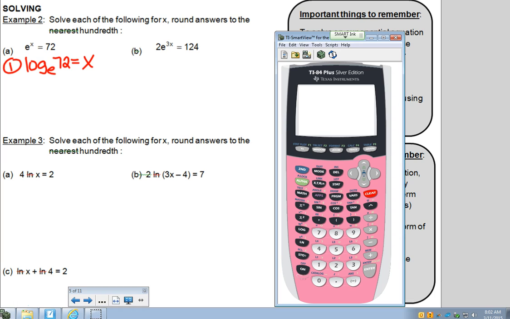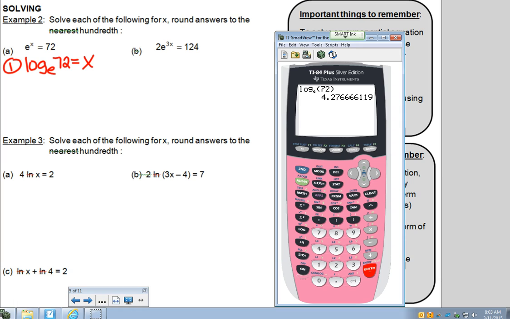I'll show you what that looks like. You're going to put the e. Now for this one, you definitely want to do second divide on the 84 because you don't want to put a power. The second ln e will give you an automatic power there. And then 72. And then you can just evaluate.